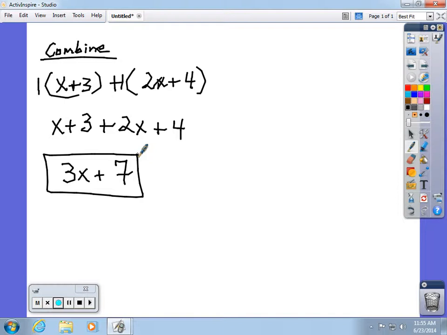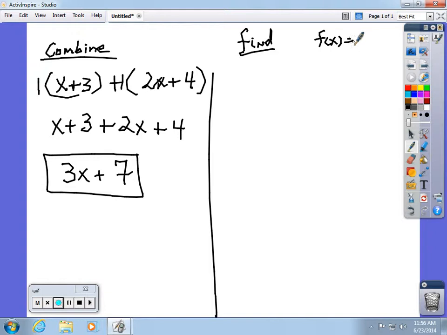Now, that's not good enough. You've got to be more sophisticated. What does that mean? Well, they'll just say find, and then they'll say f of x is equal to x plus 3 and g of x is equal to 2x plus 4. And they'll say find f plus g of x.